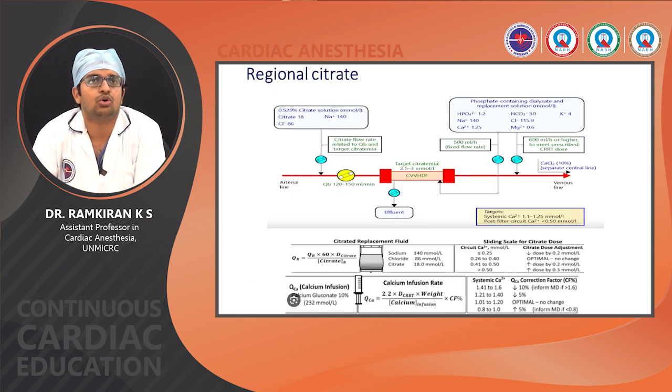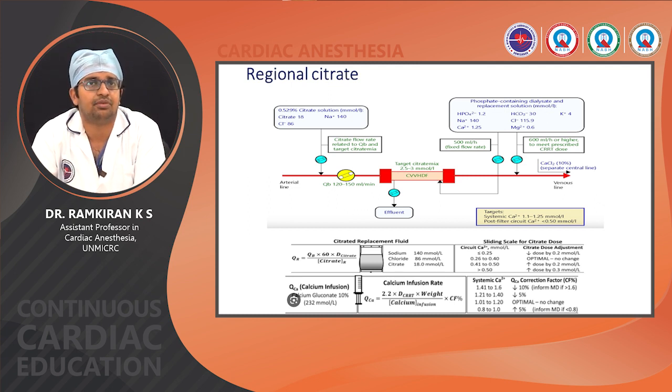So coming to a general protocol of regional citrate, for example, you start with a pre-dilution fluid containing citrate of around 18 millimoles. That is passed, and when it gets mixed with the patient's blood, it chelates the calcium.